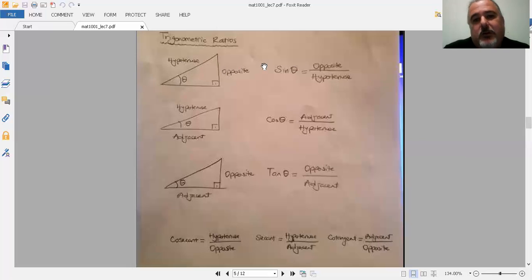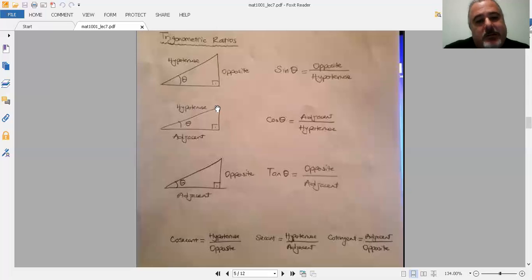So sine can be found this way. Then the cosine can be found by checking, look, this is the opposite side of the angle.